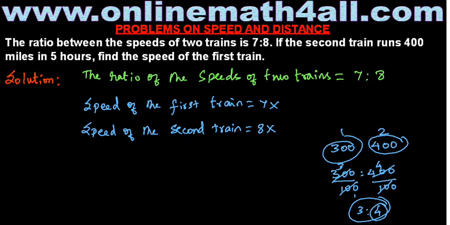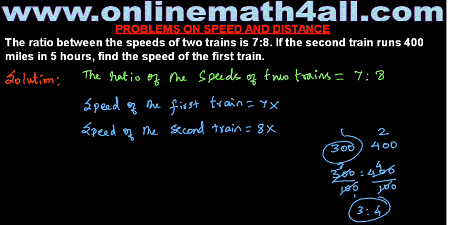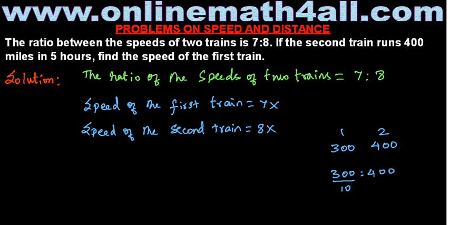If we need the original value from the given ratio, we have to multiply the first term and second term by 100, because here it's very clear. So I multiply the first term by 100 to get the distance of the first train, and the second term also by 100. In this small problem, I clearly know that I have to multiply by 100. But in our problem, the ratio of the speeds of two trains is given.